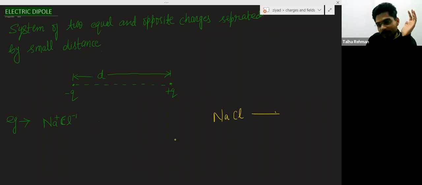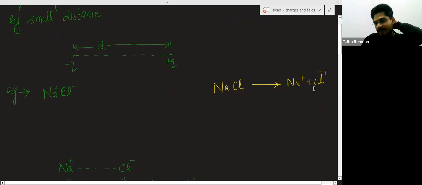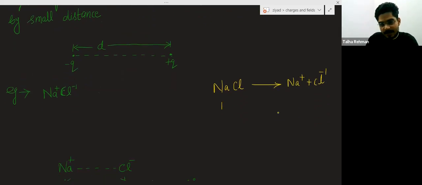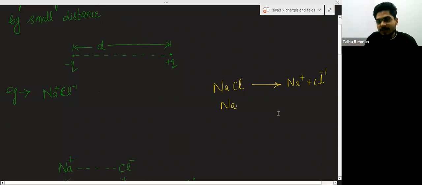When you break it, or when you write it in ionic form, it will become Na plus and Cl negative. So what is the meaning of Na plus? Na plus means you have removed 1 electron from sodium.